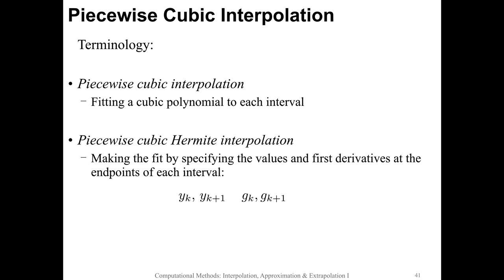So a little bit of terminology then. Piecewise cubic interpolation is just the fact that we're fitting a cubic polynomial to each interval in our successive knot points.